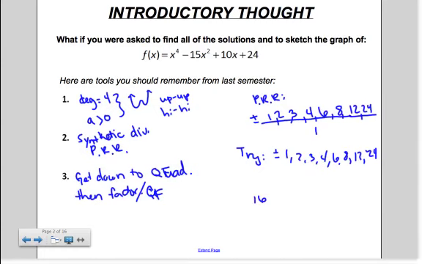That's just 16 things we might have to try before we can see if we have a solution or not. Our motivation for our lesson today is that we are going to reduce the number of things we have to do in order to find our solutions, because we would not want to have to try all 16 roots.